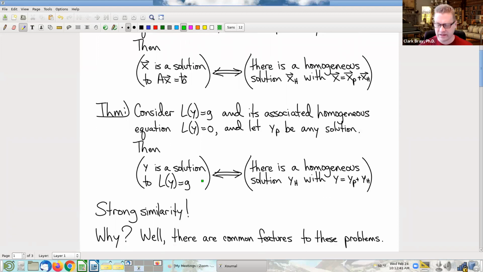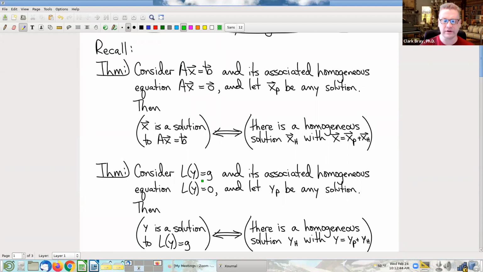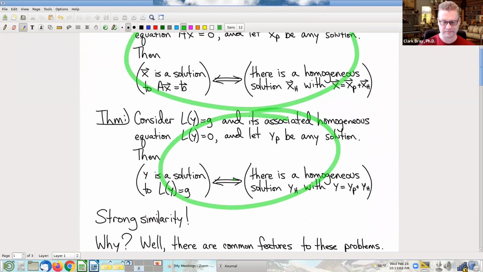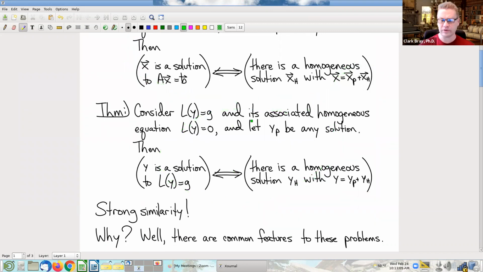How could it be that these two very different questions, right? In one case, we're interested in solving a system of linear equations. And here we're looking at a differential equation, cosmetically very different. How could it be that there are two such powerfully similar theorems about them? And well, not surprisingly, it's because there's some common features to the problem. They are different in some important ways, but they're also similar in certain ways.